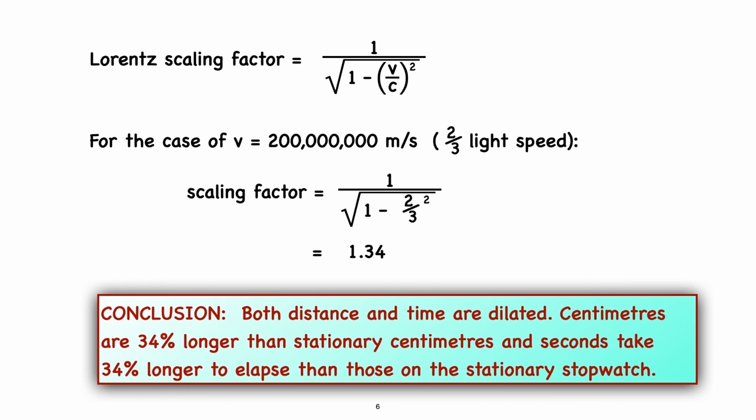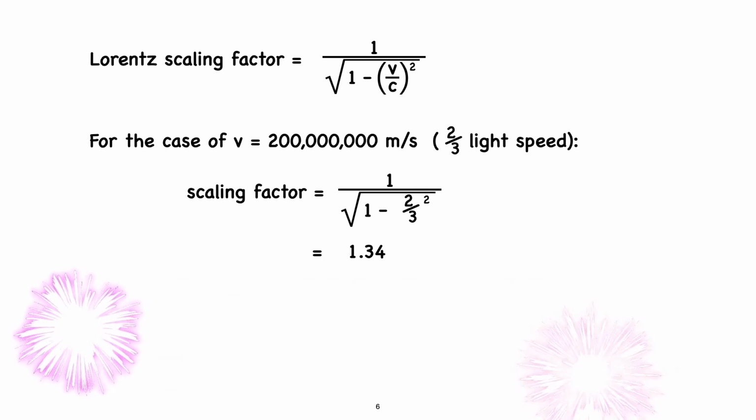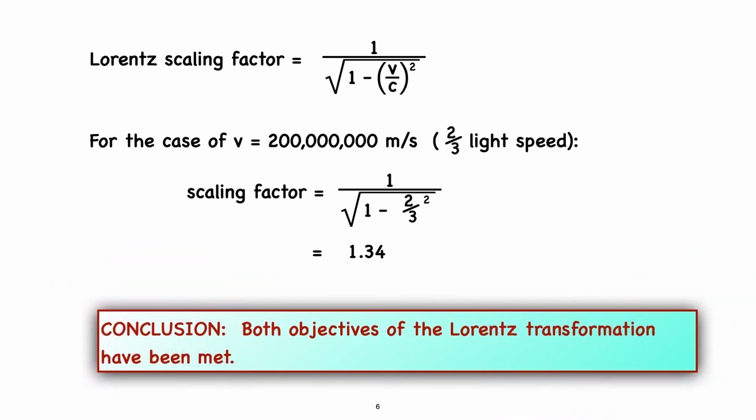In this example, by 34%, so centimeters are 34% longer than stationary centimeters, and seconds are 34% longer, or take 34% longer to elapse than those on the stationary stopwatch. So we can conclude that the equations certainly do account for dilation, and more importantly, we can now say that both objectives of the Lorentz transformation have indeed been met.